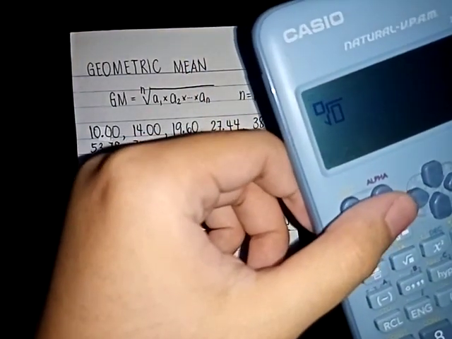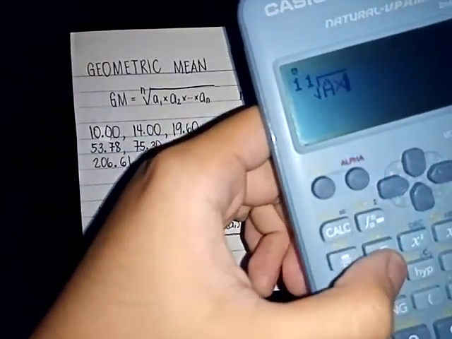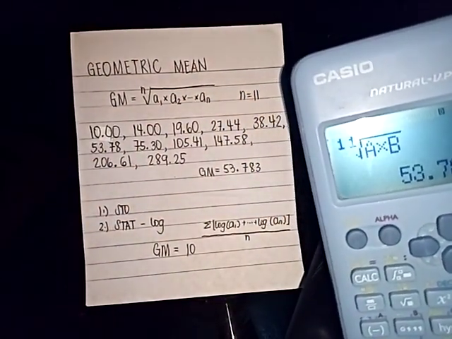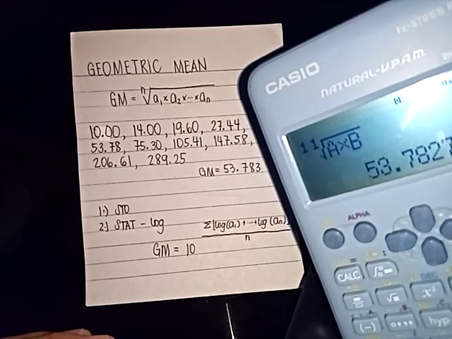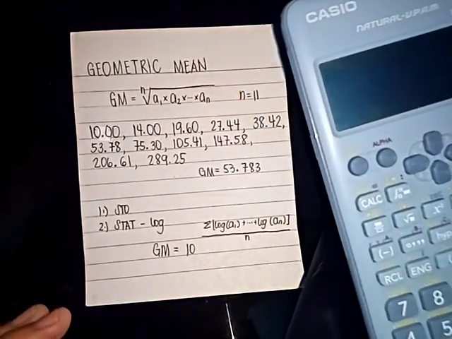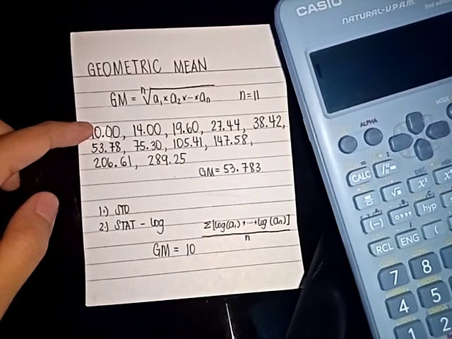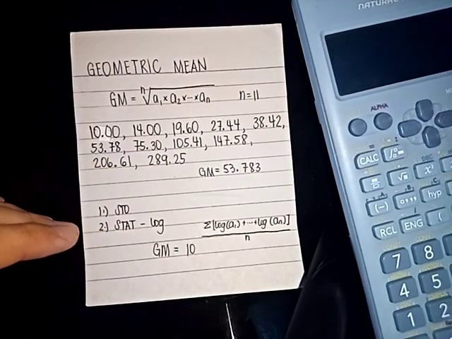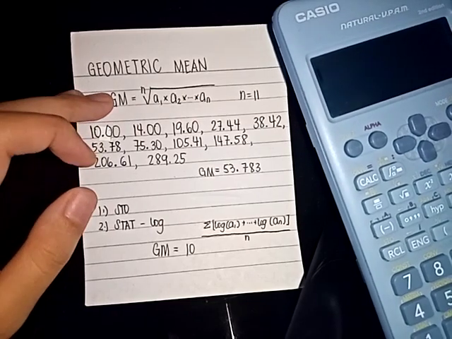So our n will still be 11, then alpha A times alpha B. And then click the equal sign. And as you can see, we got the same value for our geometric mean, which is 53.783. So to summarize, store value is simply regrouping the terms and then getting the product of each group, then storing it using the calculator and then using the formula.